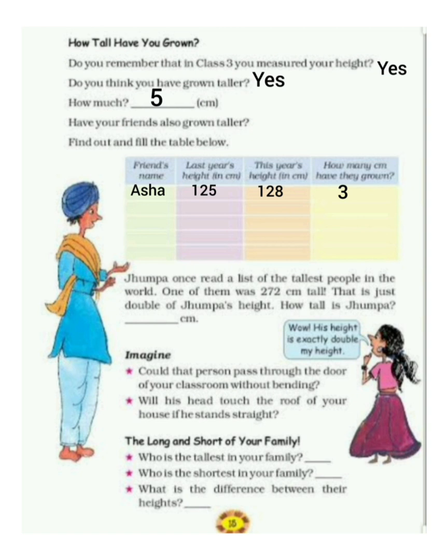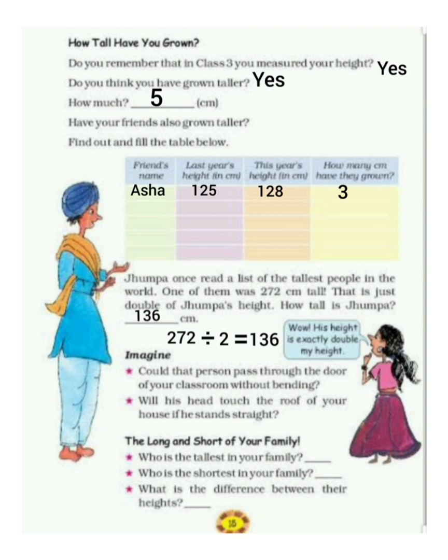One of them was 272 centimeter, but Jhumpa's height is half of 272 centimeter. Half means we divide 272 centimeter by 2. The answer is 136 centimeter. Jhumpa's height is 136 centimeter.